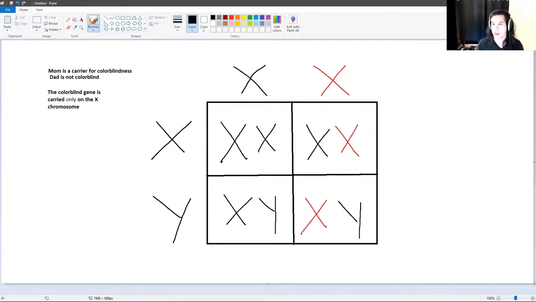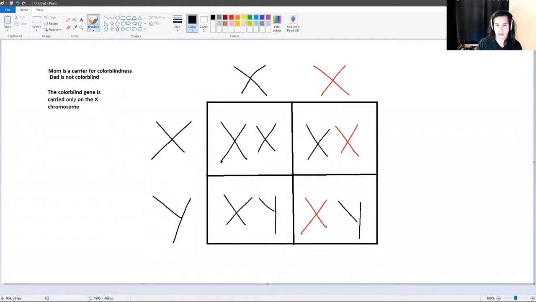So first of all, you have a 50-50 chance of being a male or female. If you are a male, you have a 50% chance of getting it. If you're a female, you have a 0% chance of being colorblind, but you have a 50% chance of being a carrier for color blindness.